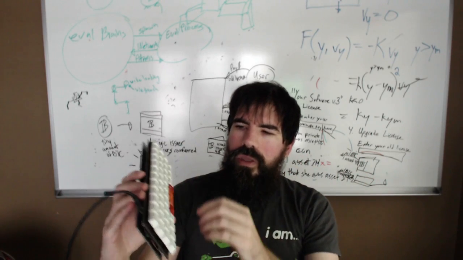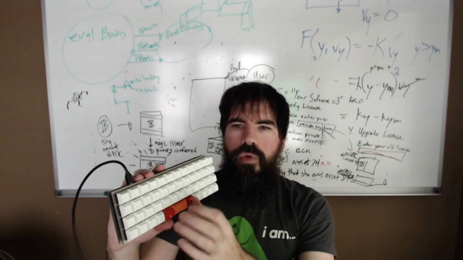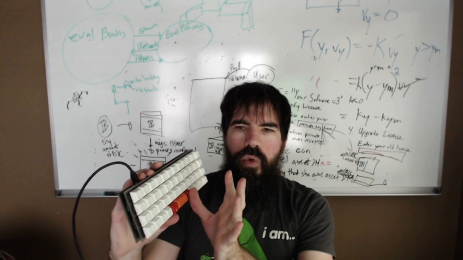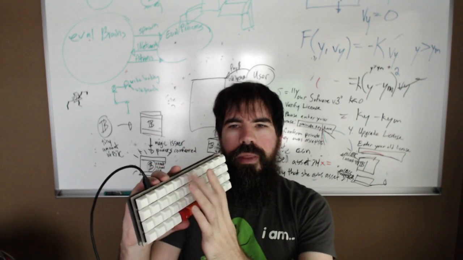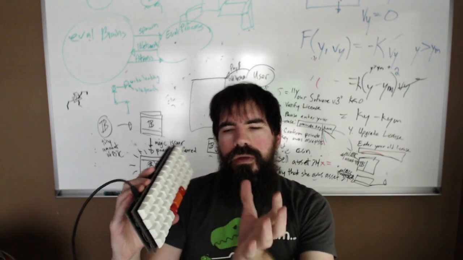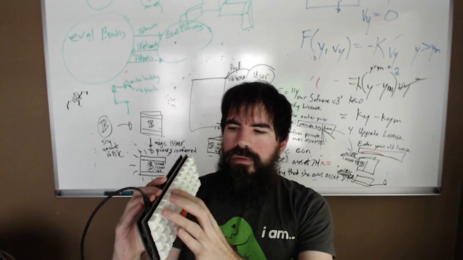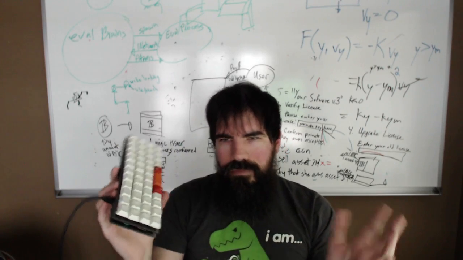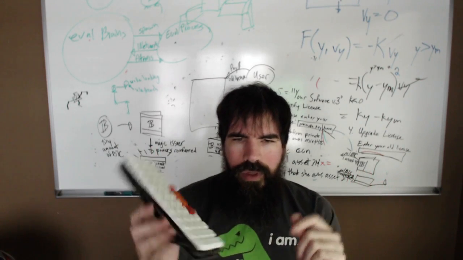And the way that you get numbers, of course, is by doing some kind of chording mechanism, where in this one you have a raise layer, and then you can hit this for 5, this for 1, which would be the Q key, and that's kind of how it works.